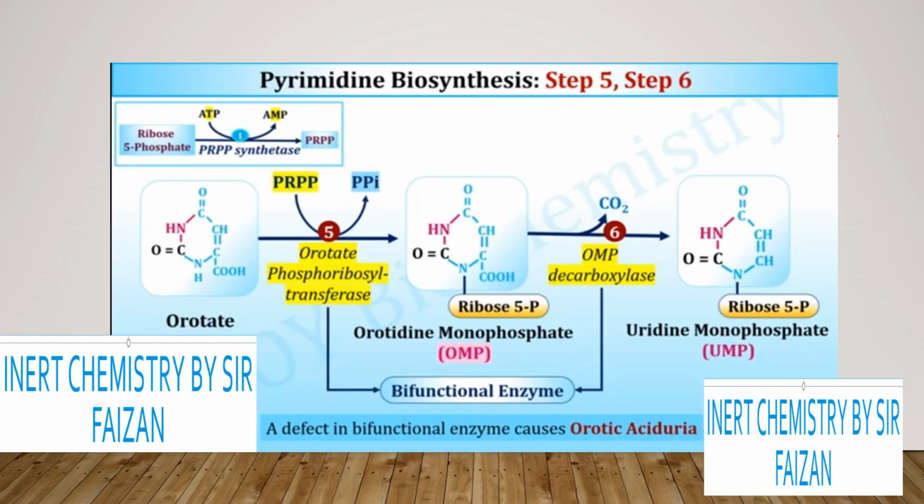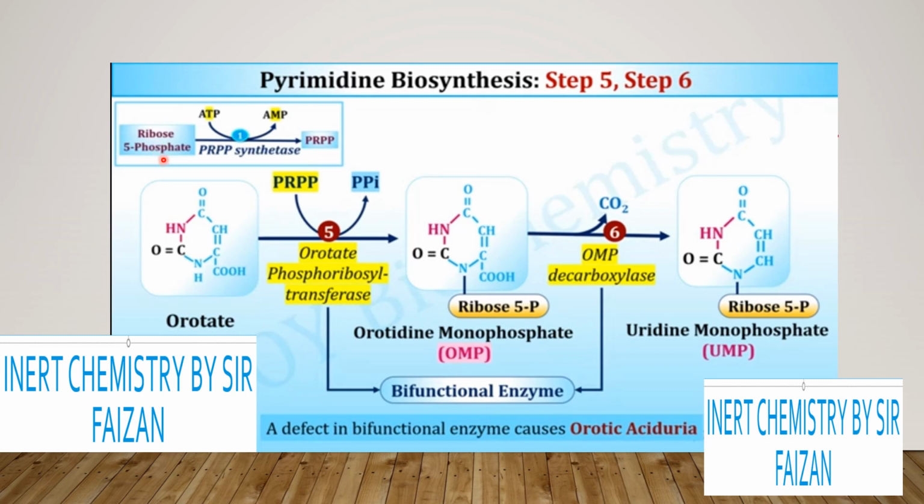In the fifth step, this orotate is converted to orotidine monophosphate. In this reaction, PRPP is utilized. Remember that this PRPP is formed during the first step of the purine biosynthesis from ribose 5-phosphate.